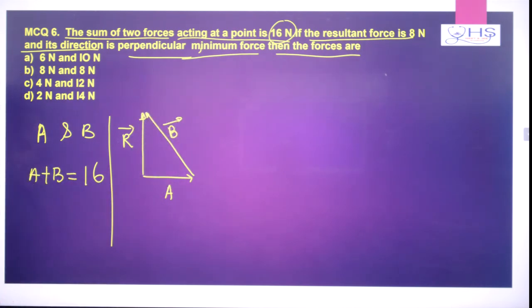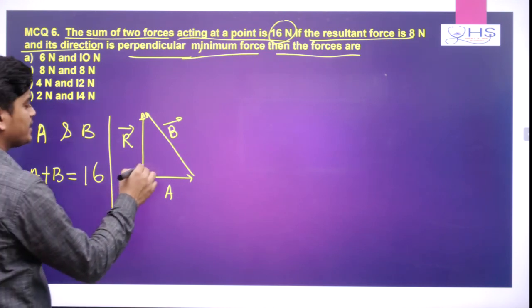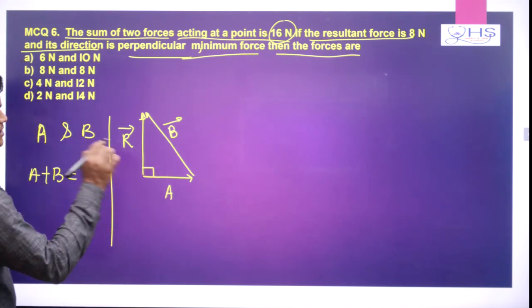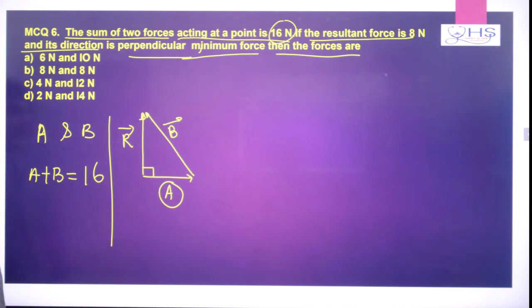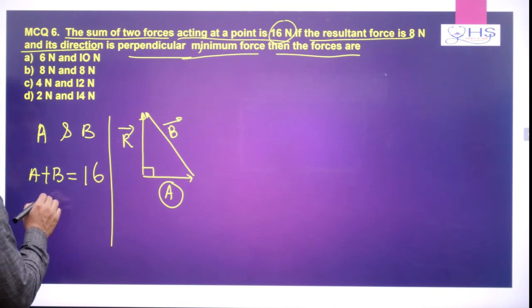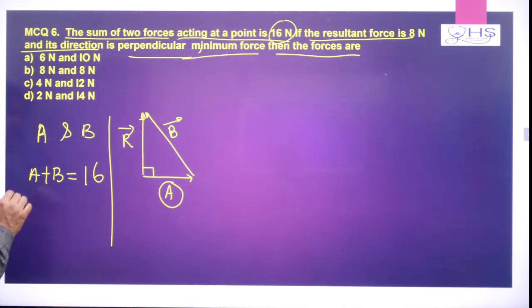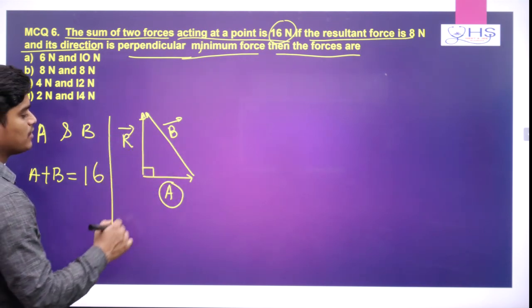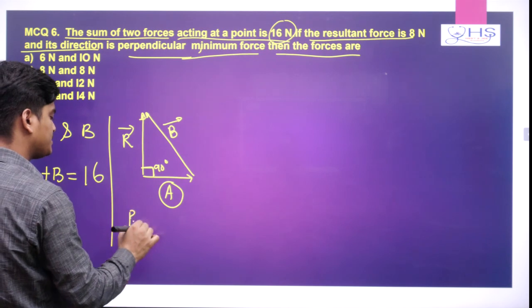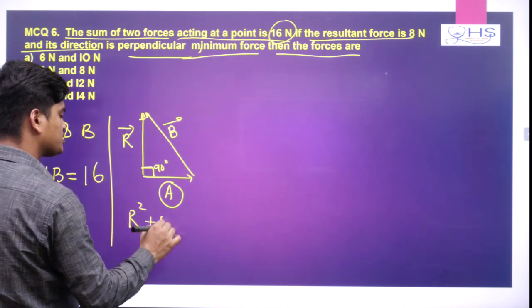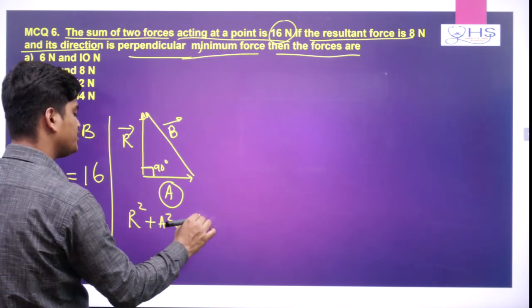Now understand here. They are telling that the R vector, that means the resultant, is perpendicular to the minimum force, and I consider my A as minimum. Then how much is it coming here? They are telling this resultant is 8 Newton. And from this triangle, a right angle triangle is coming, this is 90 degrees, so I can write R square plus A square is nothing but B square, because of the Pythagoras theorem.